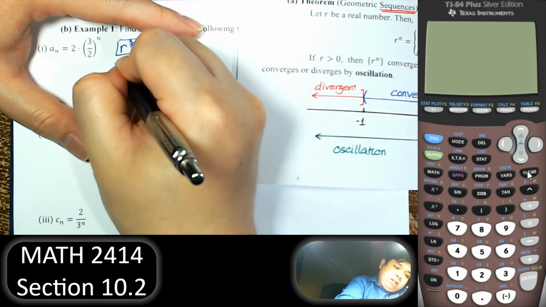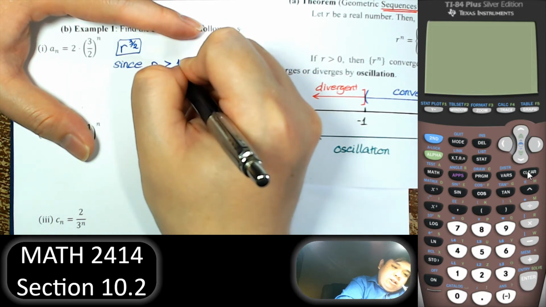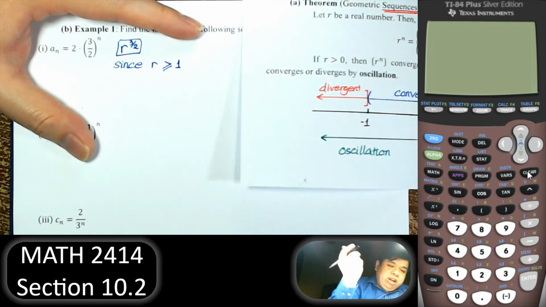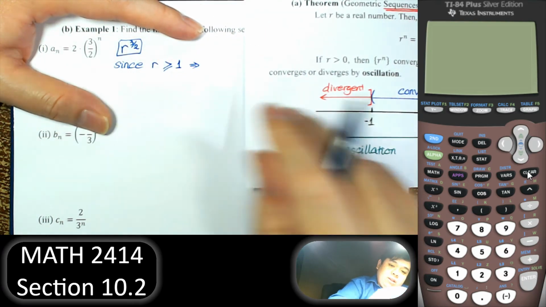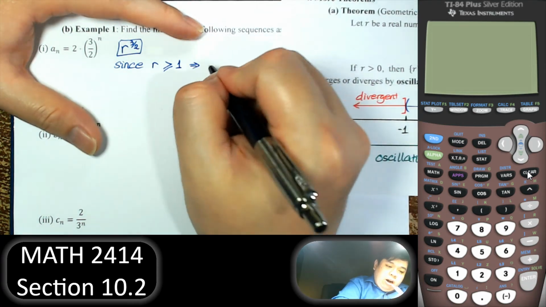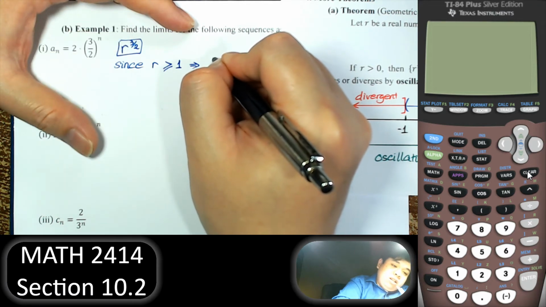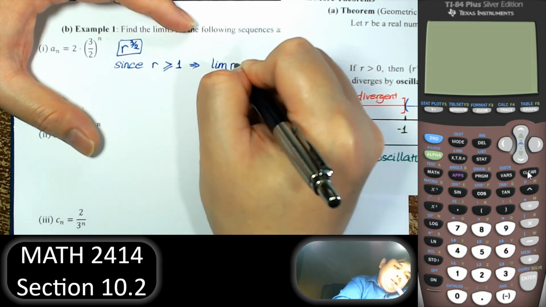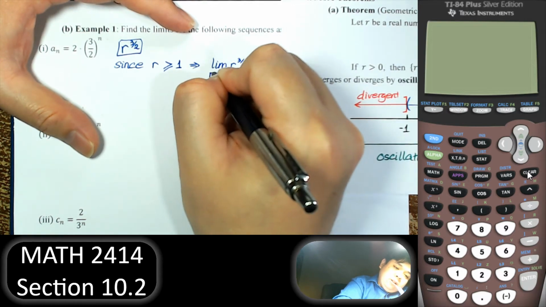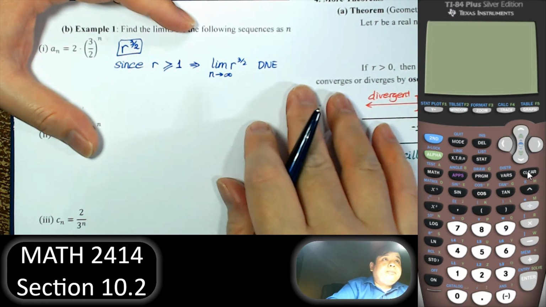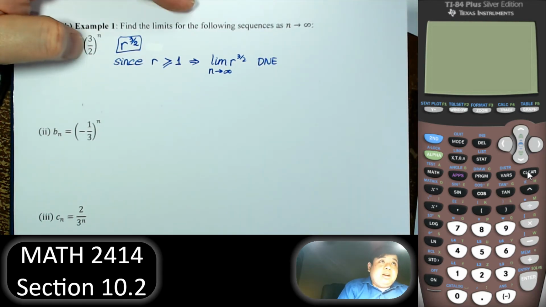For that, since r is bigger than 1, the limit of r to the n does not exist, or we say it is divergent.